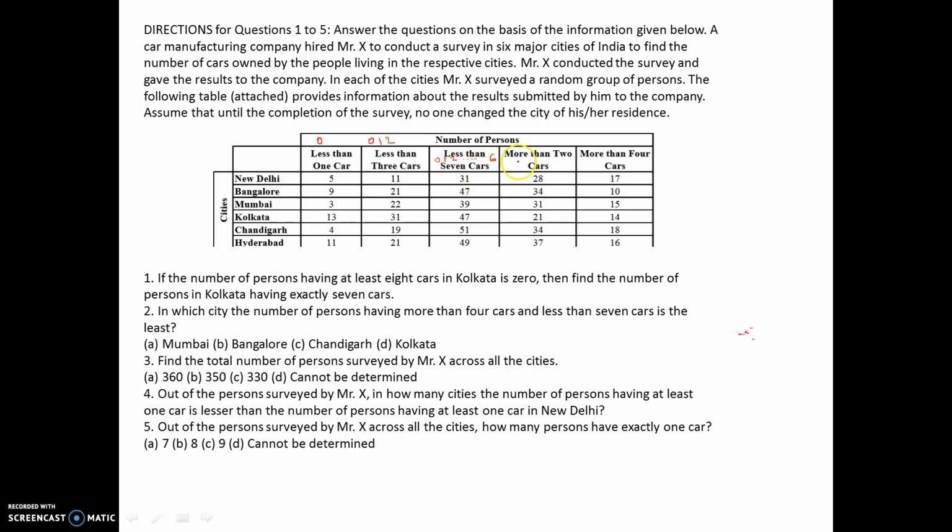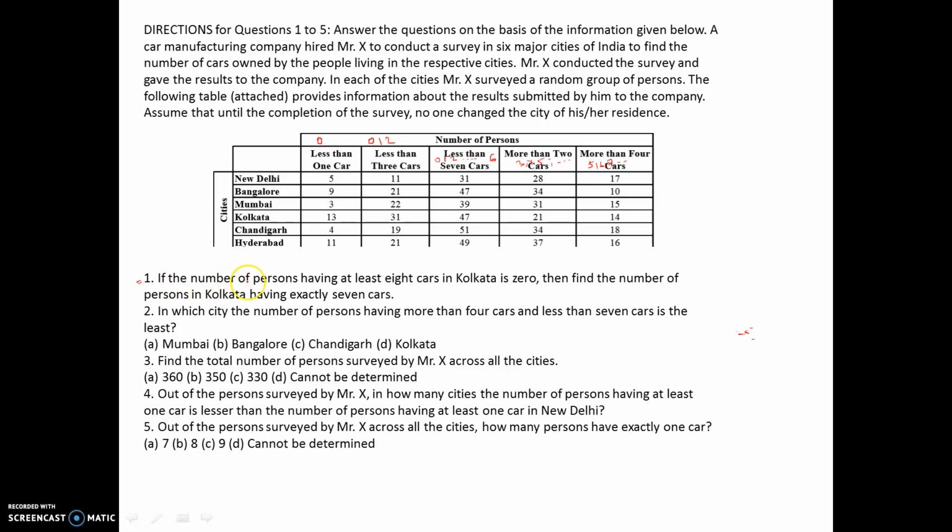That is less than 7 cars. More than 2 cars is 3, 4, 5 and so on. That could be 10, 11, 12, anything. More than 4 is 5, 6, 7 and so on, right? So if I have to figure out some data, I have to basically try and add and subtract the columns, right?